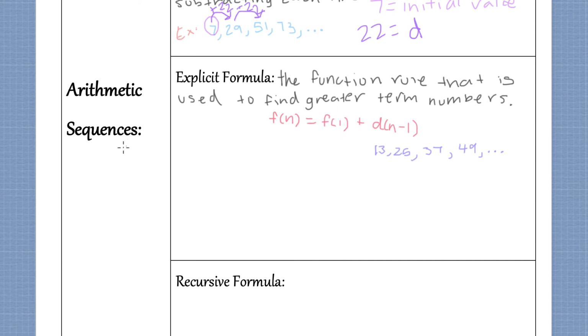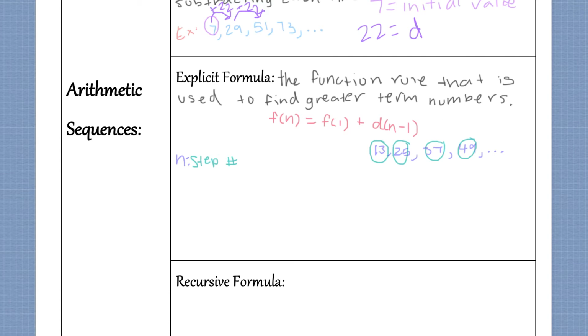Our first variable is n, which is the step number. If I look at 13, that's the first value in the sequence, and so this would be step number 1. 25 would be step number 2. 37 would be step number 3. 49 would be step number 4, and so on.